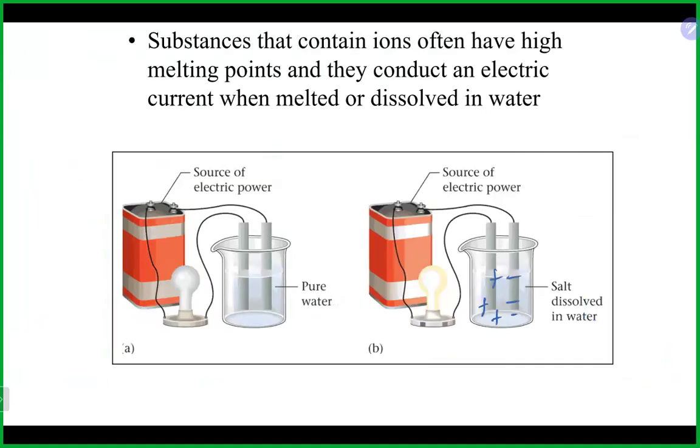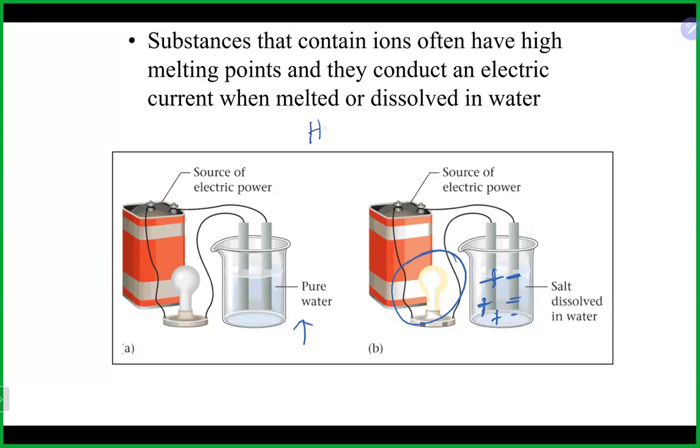So here's that light bulb example. On the right-hand side, we have salt in this water, and that salt is going to provide those positive and negative ions, going to 100% break apart, and turn that light bulb on very, very brightly. Once again, this pure water with nothing in it has no ions present.